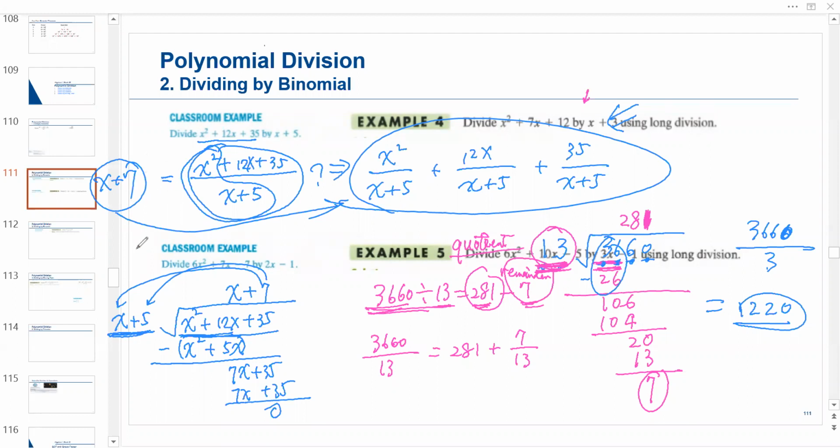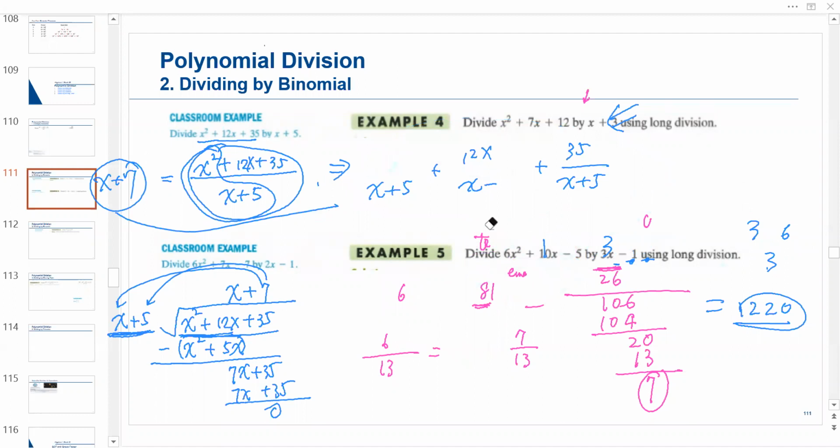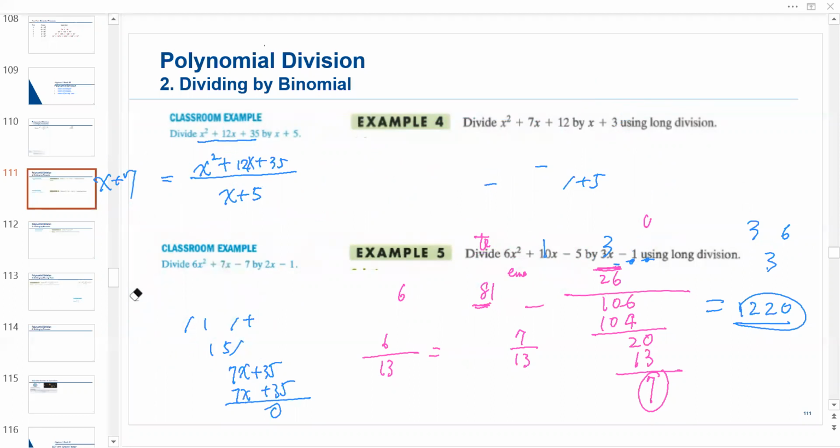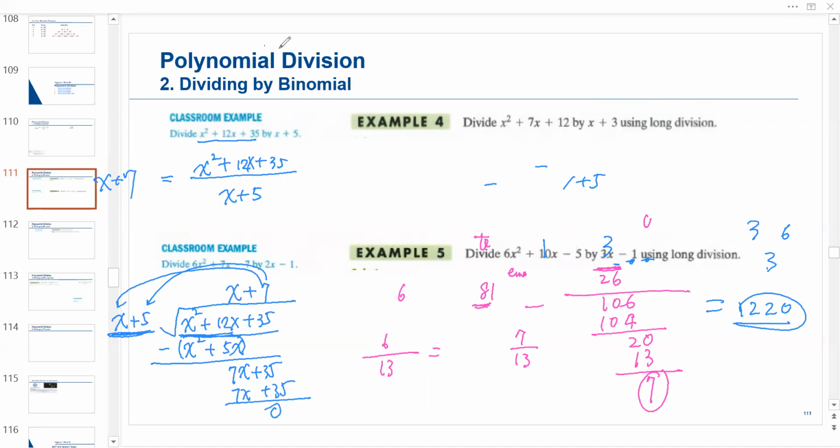All right, let's check it again. So it means, let me erase this part. So what actually does it mean? It means this one actually is this situation, right? So let's check here. Let me use a different color.